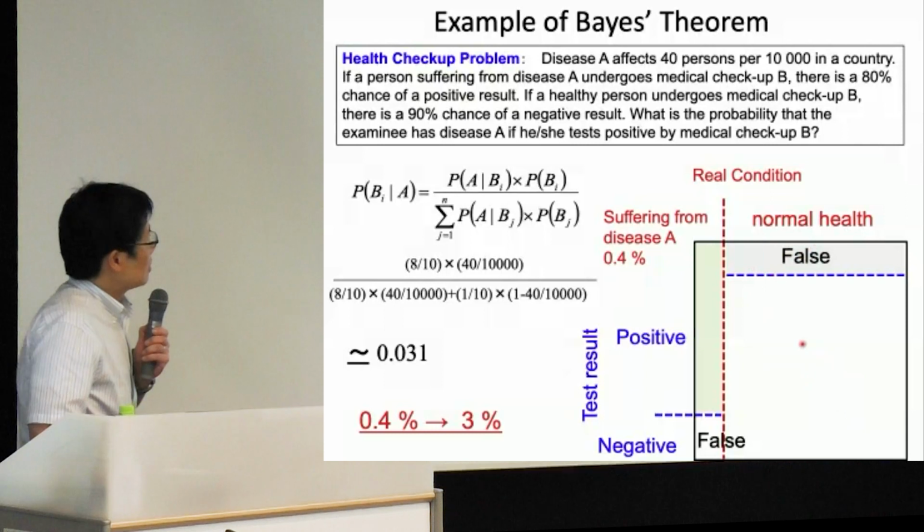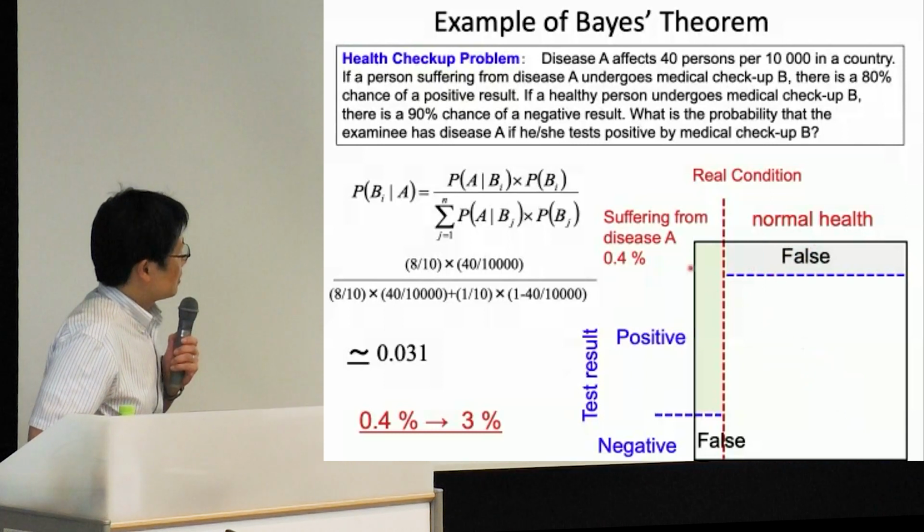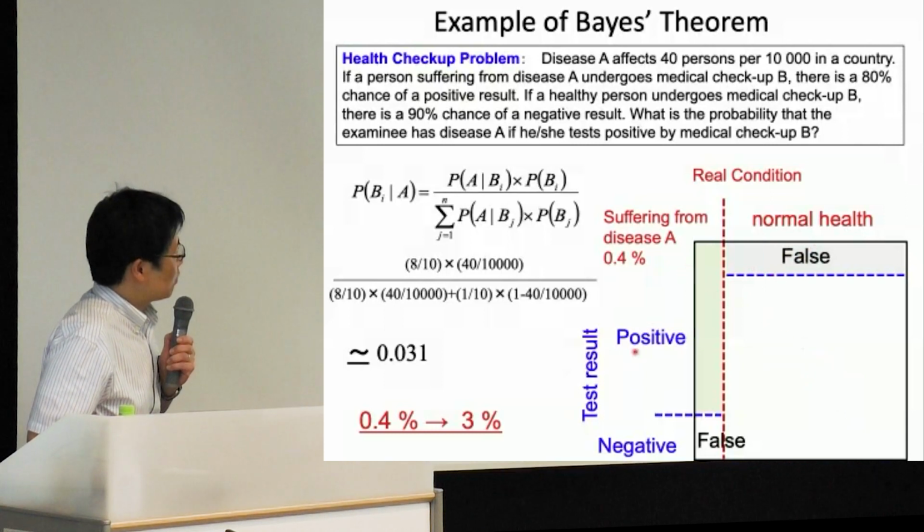Okay, and now we consider the situation that someone got a positive result, and we want to know the probability that this person is really positive or not.